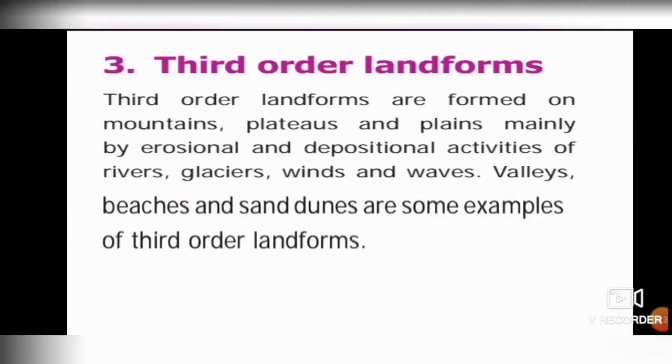Next is third order landforms. Third order landforms are formed on mountains, plateaus and plains mainly by erosional and depositional activities of rivers, glaciers, winds and waves. Valleys, beaches and sand dunes are some examples of third order landforms.